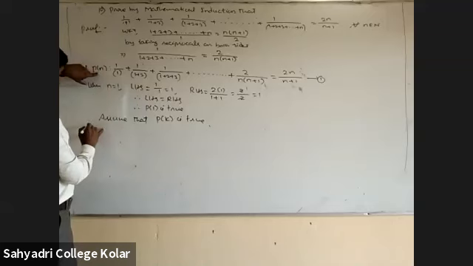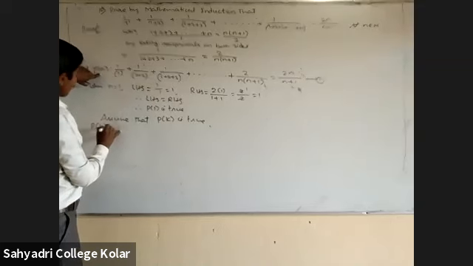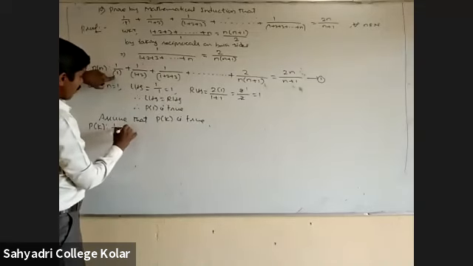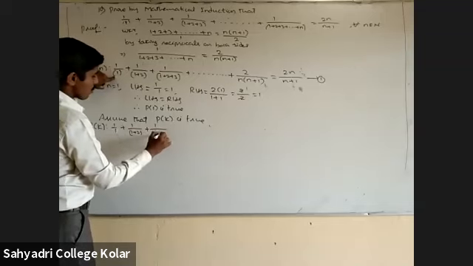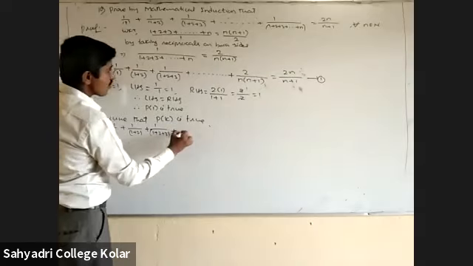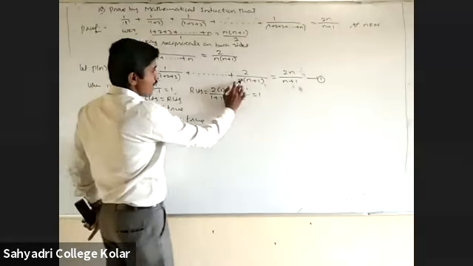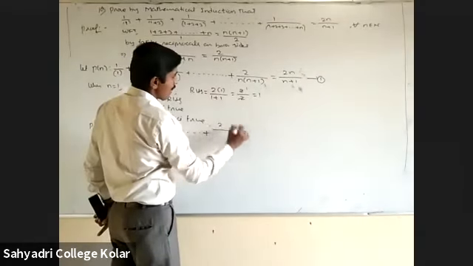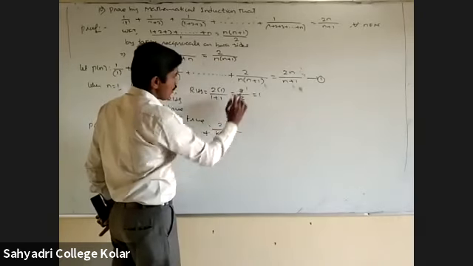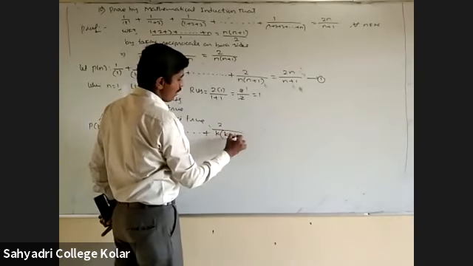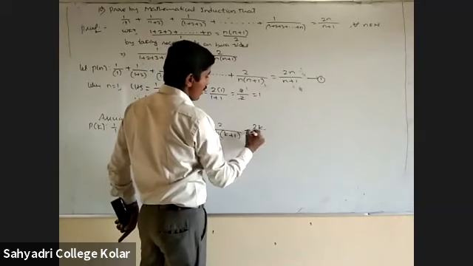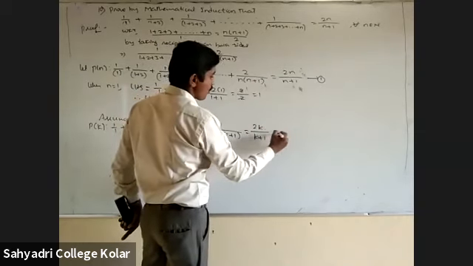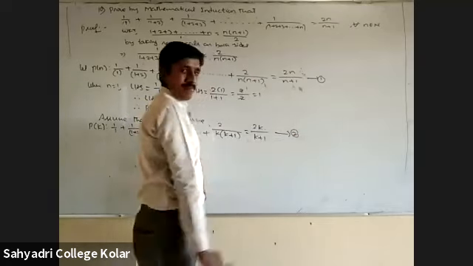That is, P of k: 1 by 1 plus 1 by 1 plus 2 plus 1 by 1 plus 2 plus 3 plus so on plus 2 divided by k into k plus 1 is equal to 2k divided by k plus 1, called equation 2.